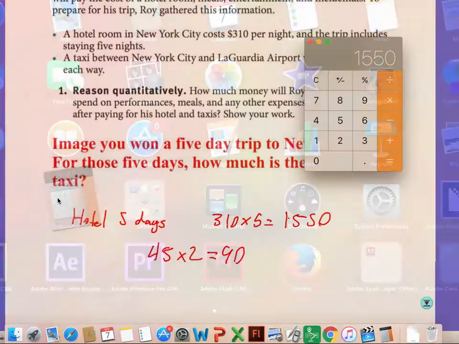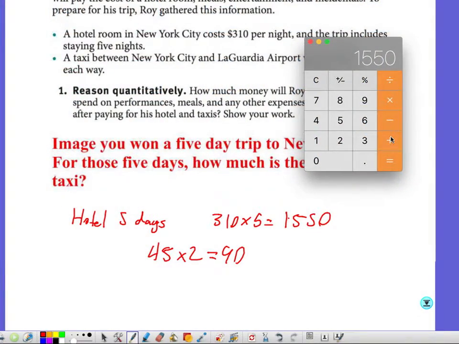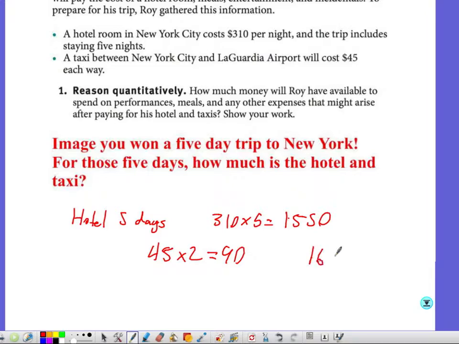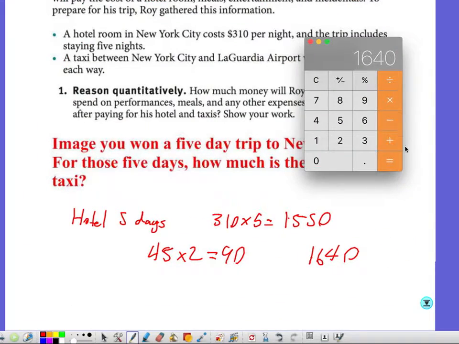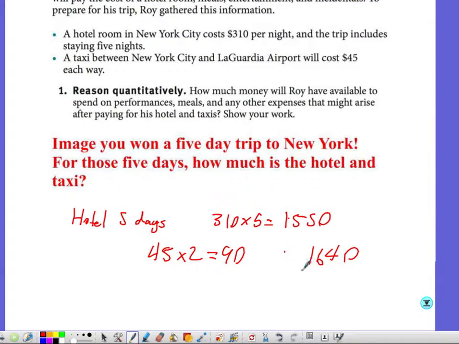So if we add these costs together, plus 90, hotel and taxi service will cost $1,640. So that is the total cost. Now you have $3,000.